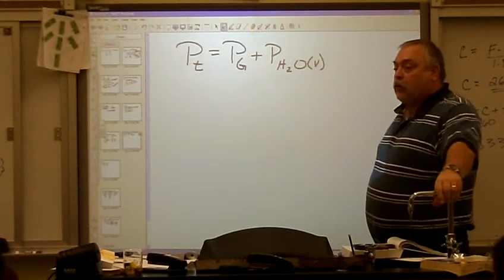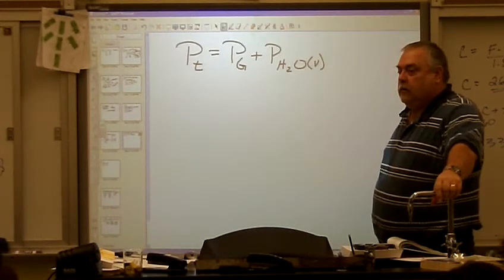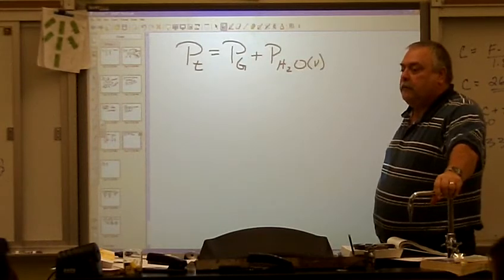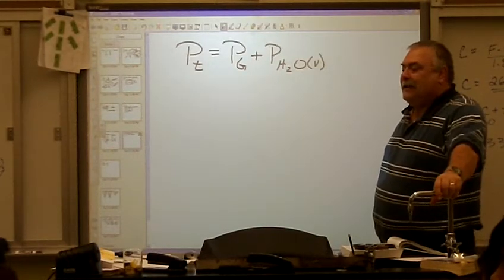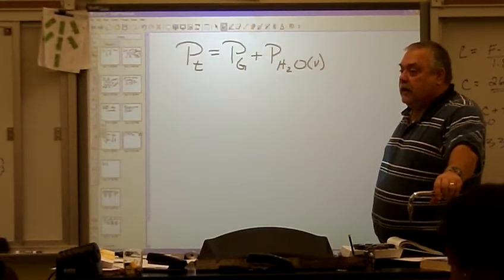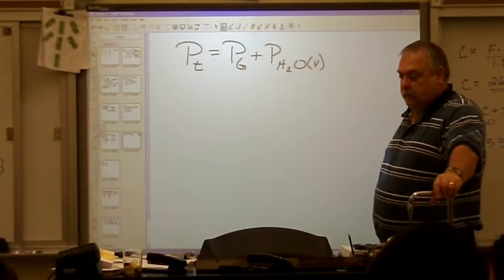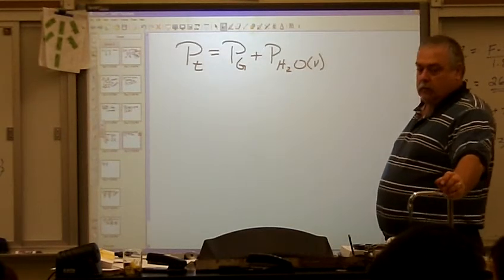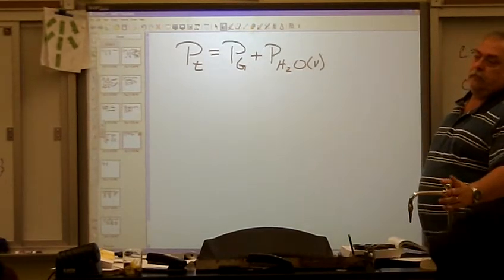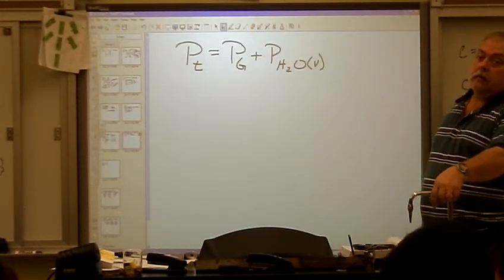It says that the total pressure in a mixture of gases is equal to the sum of the individual pressures of each gas. It's equal to what?